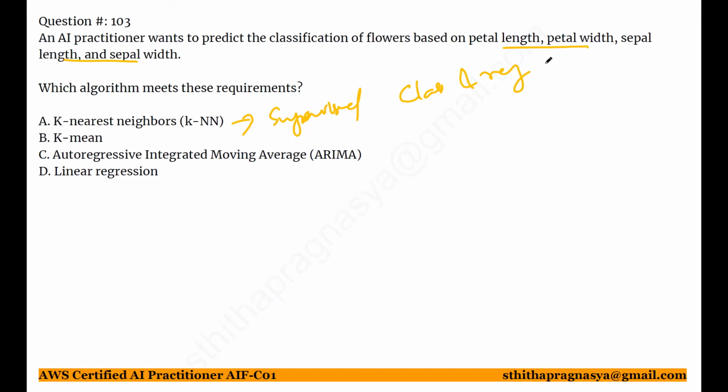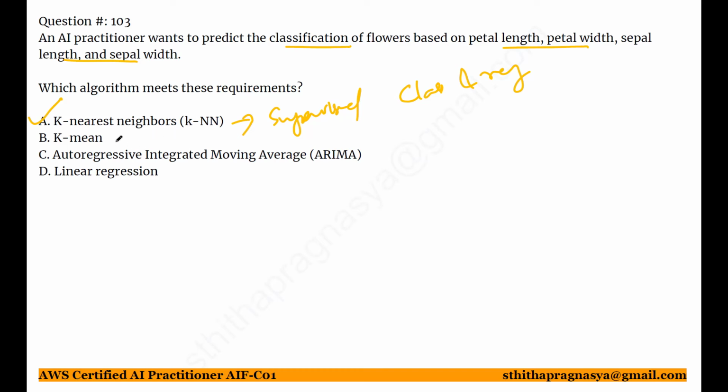It predicts the class of a new data point by analyzing the classes of its nearest neighbors in the feature space. This algorithm is well suited for a classification problem like this one, and it clearly mentions classification of flowers. So this is the right answer, as KNN is a reliable algorithm for flower classification based on features.